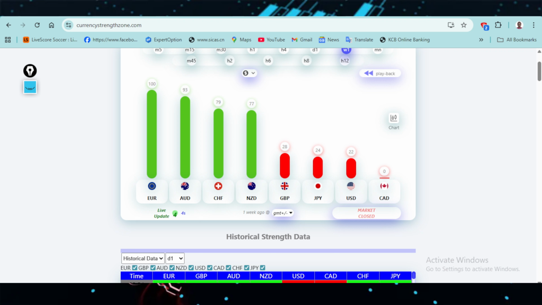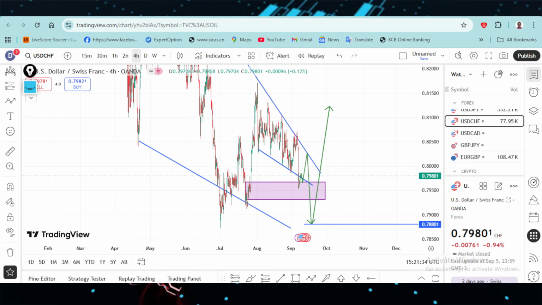Then we also have AUD/USD, which was supposed to be sold. Also NZD/USD. We sell it because NZD is strong and USD is weak. That's how it works. The strong against the weak.